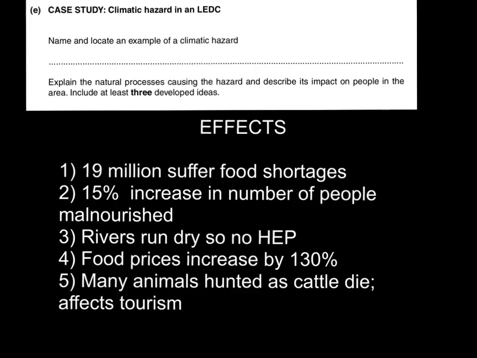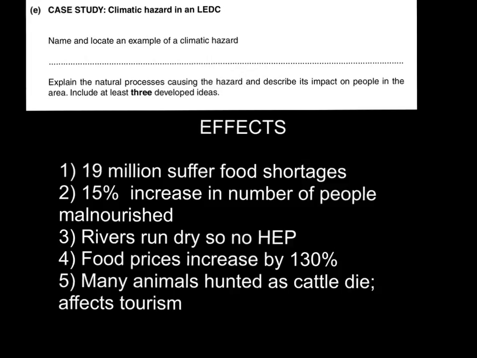In the markets, because of the scarcity of food, 130% increases in food. That means that many people can't actually afford to buy food, and there becomes aid dependency and people become dependent on food aid. And on an environmental level, because many farmers have no source of food, many cattle have died or they've had to sell them to the government or whatever, people are simply starving, so therefore they go and hunt.